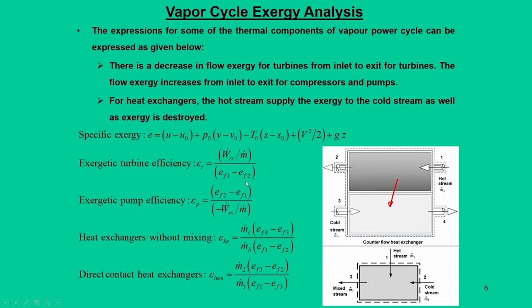Here, you start with an expression for specific exergy, and we apply this specific exergy term to different components. If you apply it to the turbine, we can find the exergy flow coming in and the exergy going out of the turbine, and the actual work output per unit mass we get from the turbine. This ratio gives the exergetic efficiency for turbines.